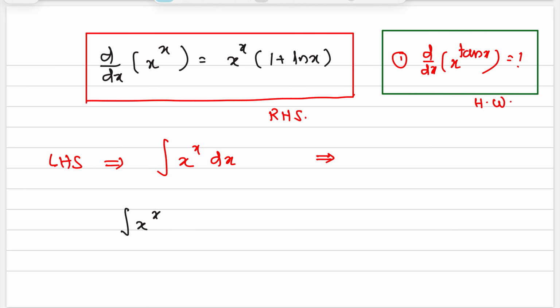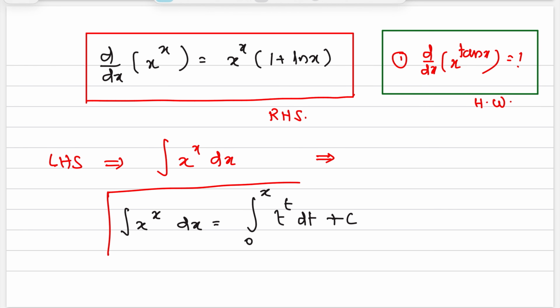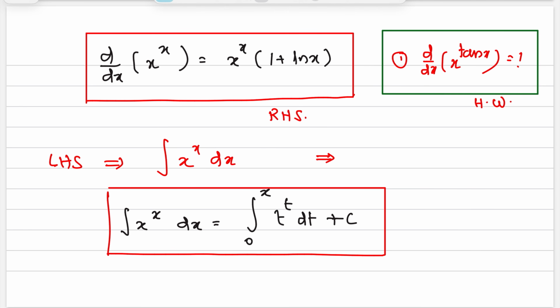Integral x to the power of x dx can be written as integral 0 to x t to the power of t dt plus c. Please make a note of this. Very important step. On the basis of this step only, the solution of the problem lies.